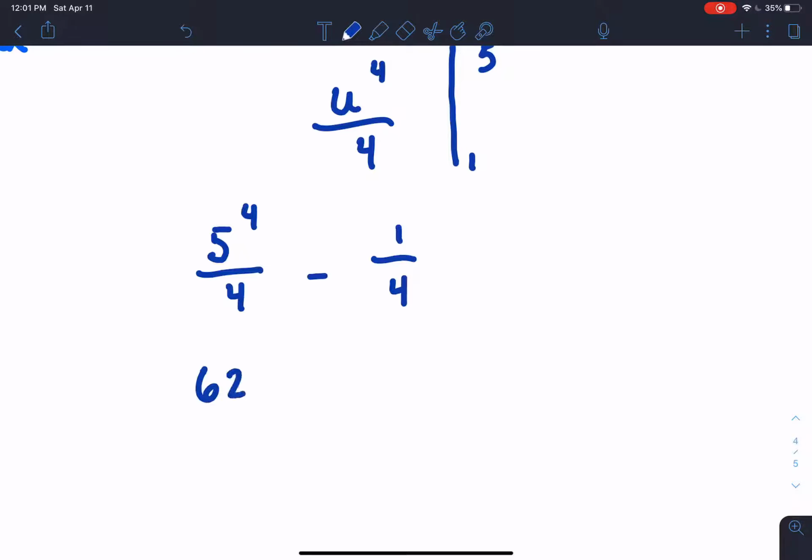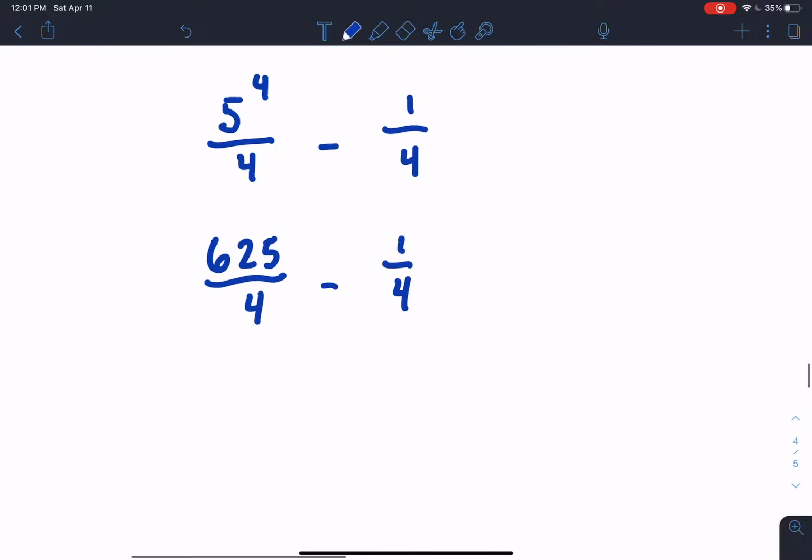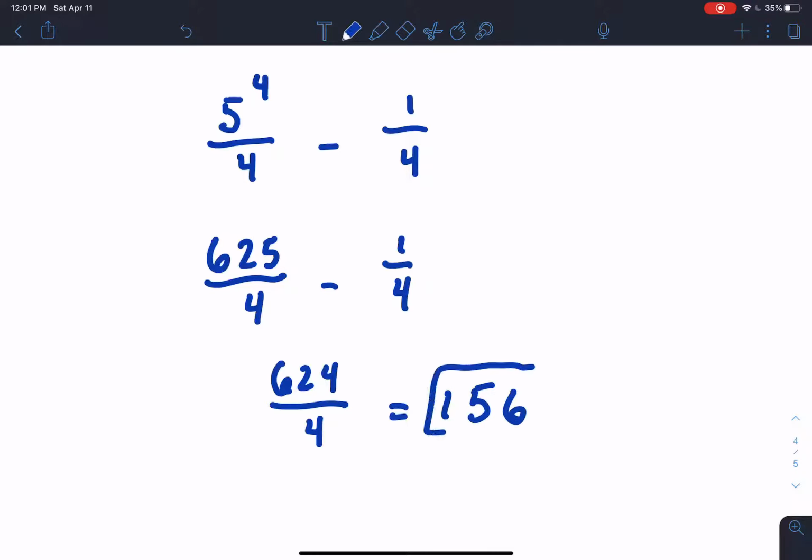So you got 625 over 4 minus 1 over 4, which you guys know is 624 over 4. And then 624 divided by 4 is going to come out to be 156. Okay, so that is your final answer.